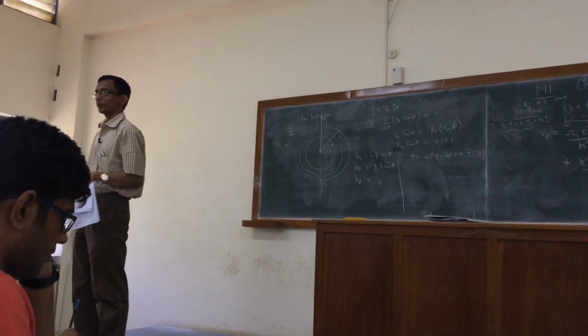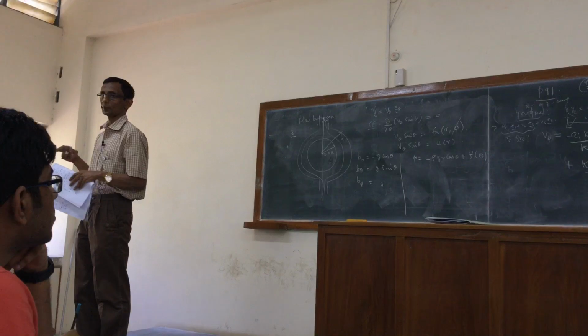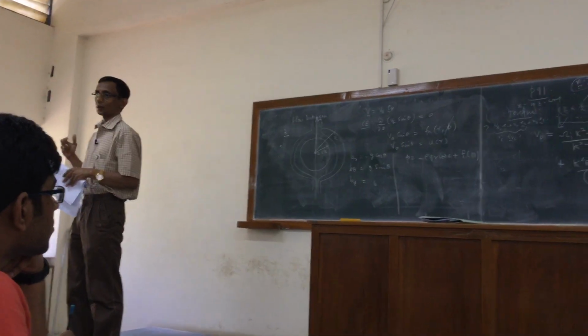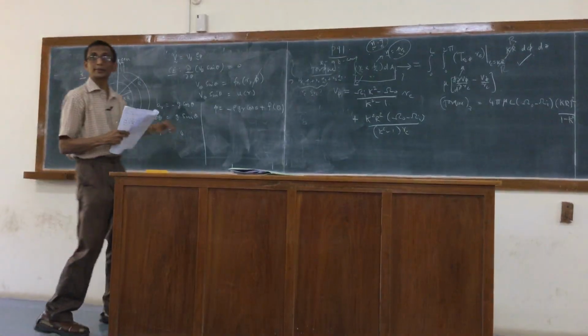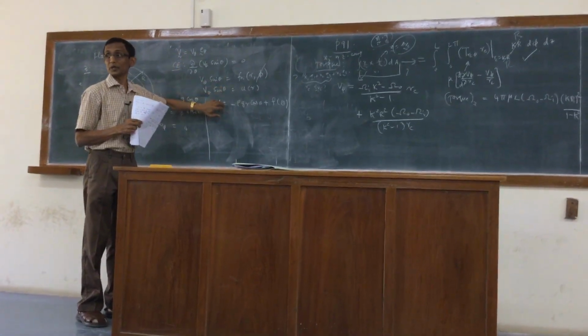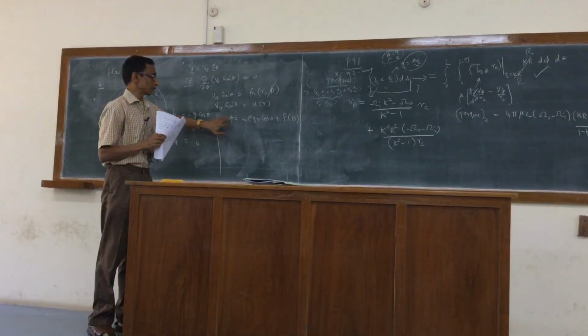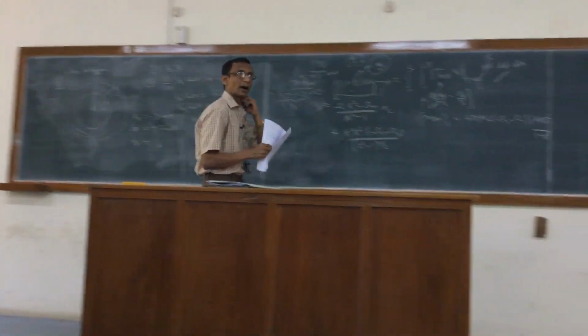You can easily verify that all the viscous terms in the phi component of the equation of motion also vanish. So you get dp by d phi to be 0. That is an assumption we don't have to make. So dp will be a function of r and theta.